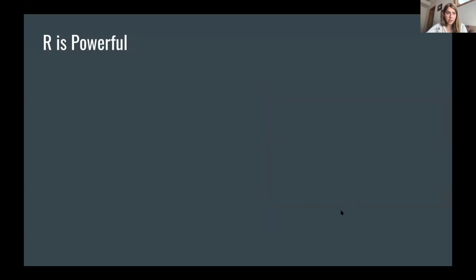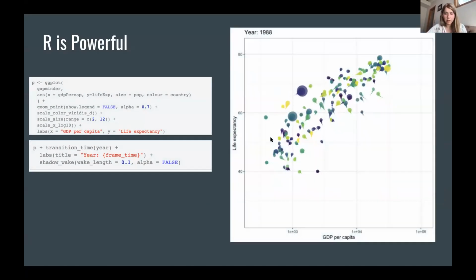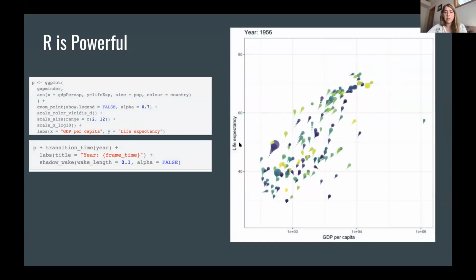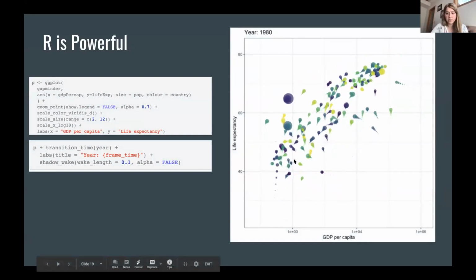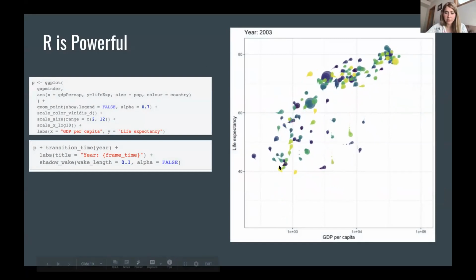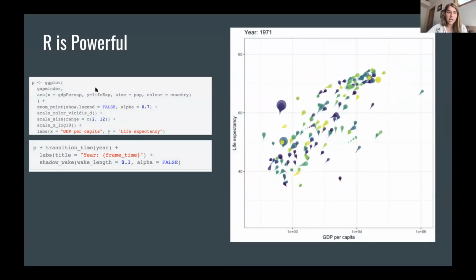Great. And then the other thing you can do, which is pretty cool, is create these animated maps. Here's a map for the interaction between GDP and life expectancy in all these different countries. You can see that the relationship was always positive, but it's really been moving towards the top of the graph because GDP has been increasing and life expectancy has also been increasing.